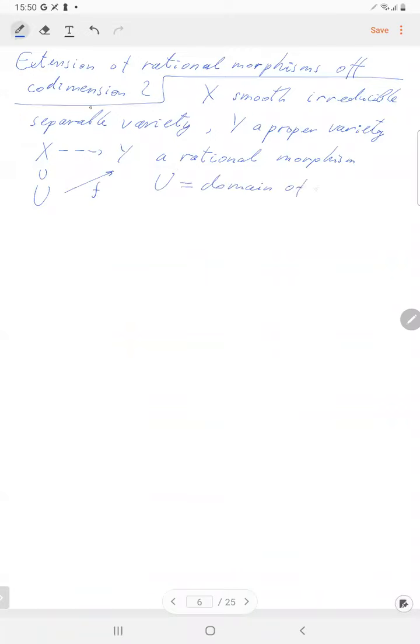Why does such a maximal set exist? Why can't it be enlarged infinitely? Well, maybe if you wish, because of quasi-compactness. So you take all the open subsets where F is regular, and then you take their union, and this union is another open subset.